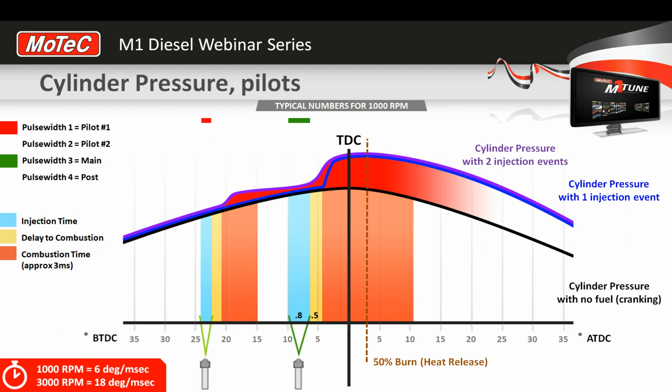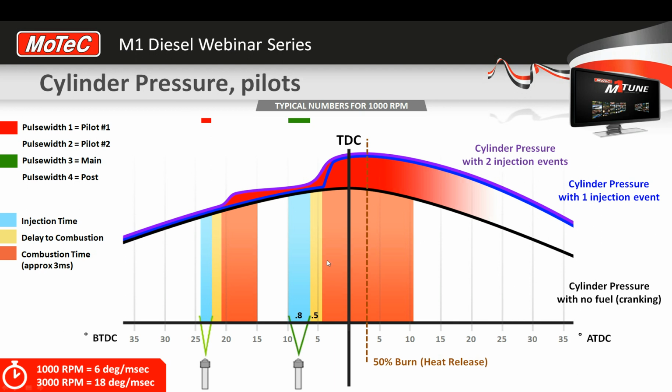It certainly, pilots 1 and 2 help with cold start and cold running, because they effectively are like a little miniature glow plug. They just put this little tiny flame in there and then heat up the combustion chamber and allow the main lot of fuel to light easier, and you get a better combustion burn in that case. But as far as power goes, I can't really say one way or the other at this point.